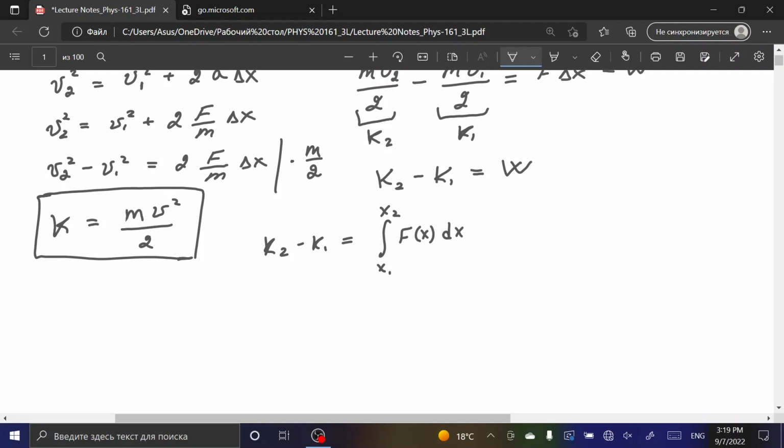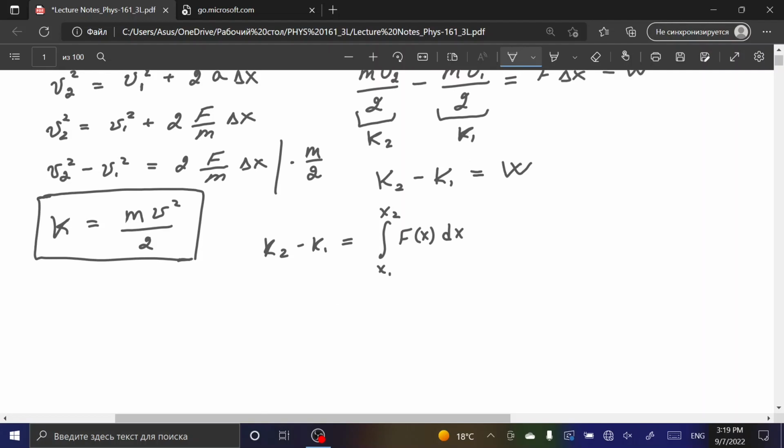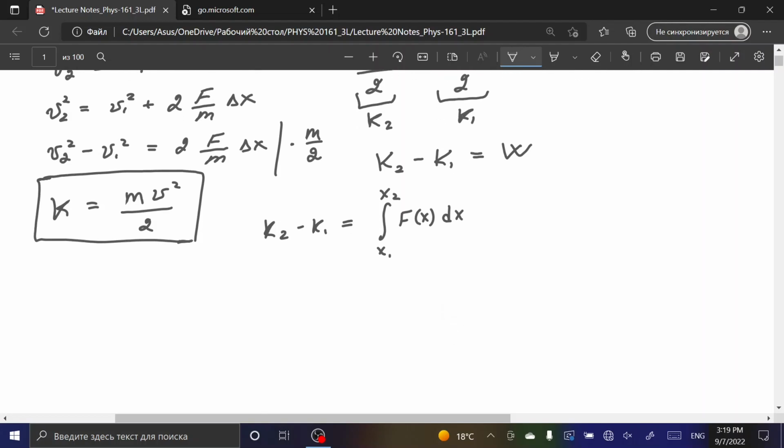Another thing I would like to highlight is that we can take a derivative of mechanical work and introduce such a parameter as power. So if we take a derivative, it will be f times dx over dt, so the first derivative over time.